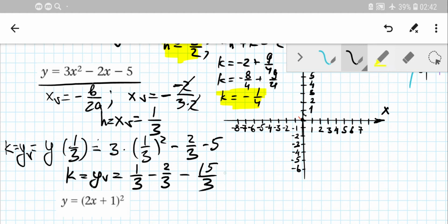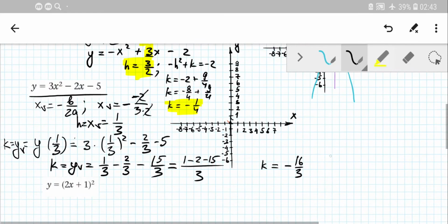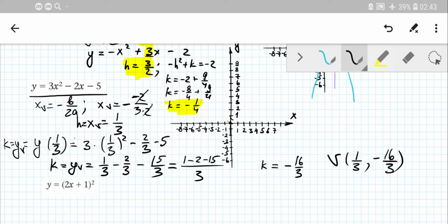Okay, we've got all that as fractions, and now we just do operations with numerators. So 1 minus 2 minus 15. Finally we'll get the k value as negative 16 over 3. So finally we've got the vertex with coordinates 1 over 3, that's h, the x vertex coordinate, and negative 16 over 3, that's the second one.